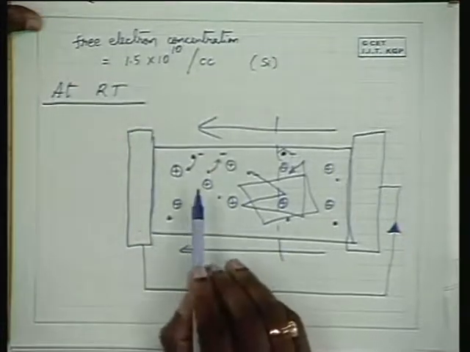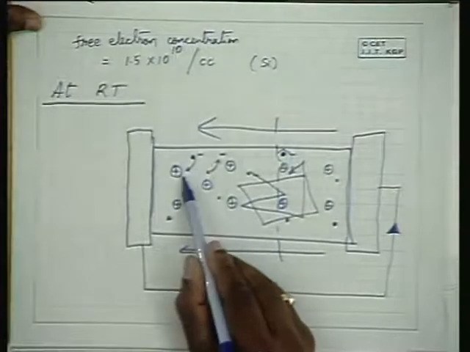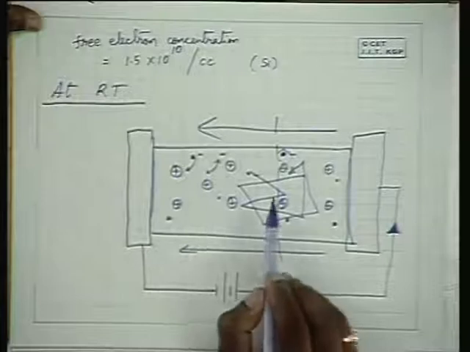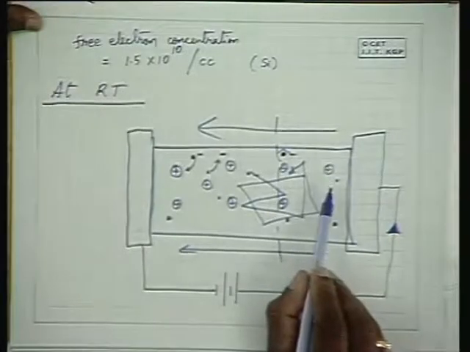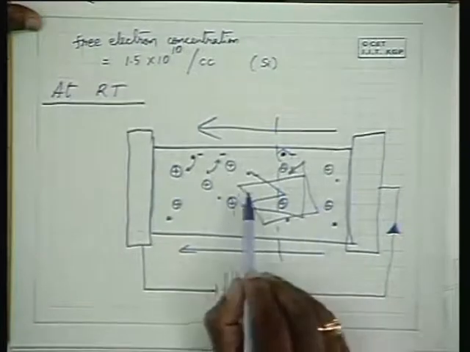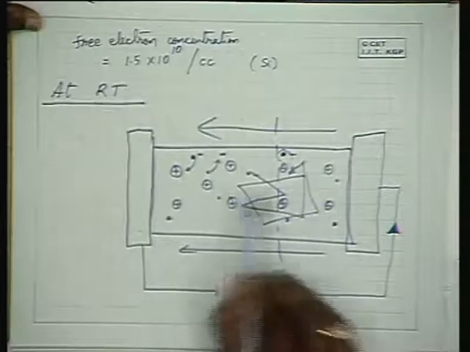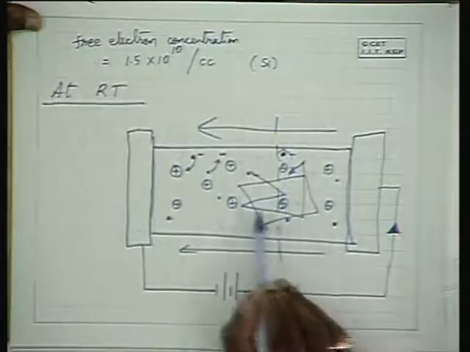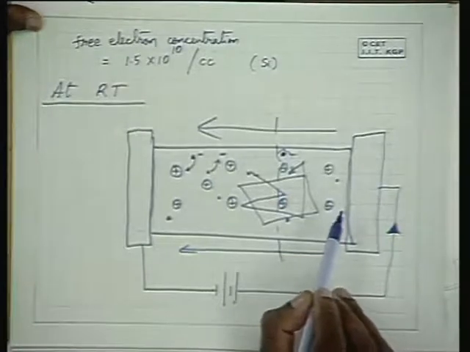Under the external field, these free electrons still move in a zigzag fashion, but with a net drift, and the speed they possess is in the opposite direction to the field. In the case of electrons, the speed they possess is proportional to the electric field.